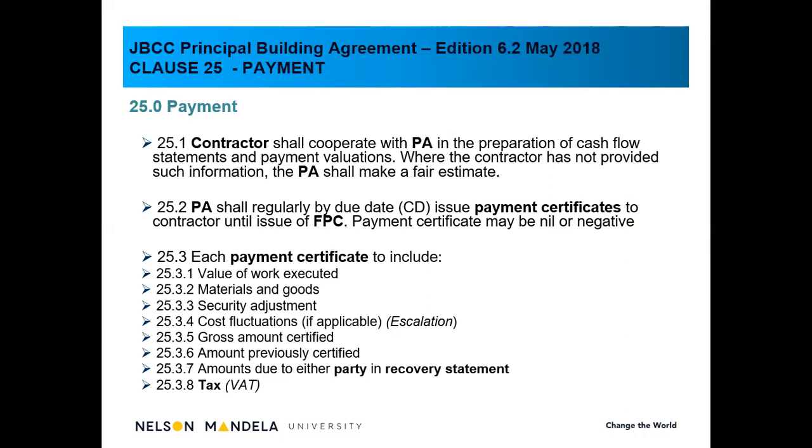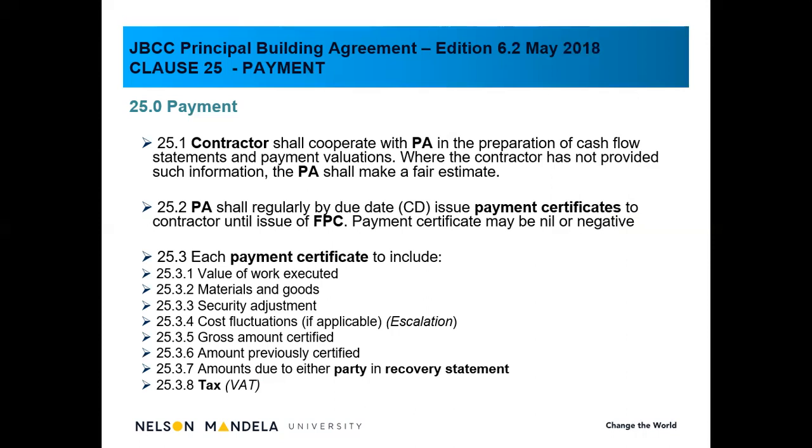We all know that is not the case, because if you are a quantity surveyor on the project, the quantity surveyor will be responsible for preparing the payment certificate and then issue that to the principal agent, who will then forward and issue the final payment certificate to the employer for payment.